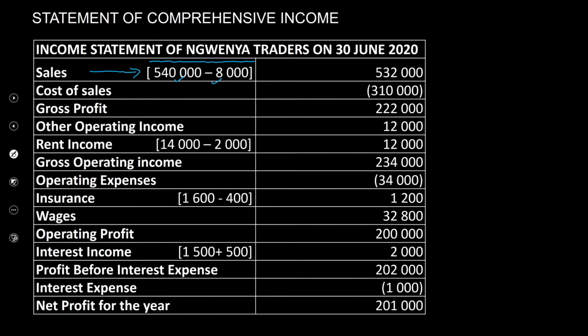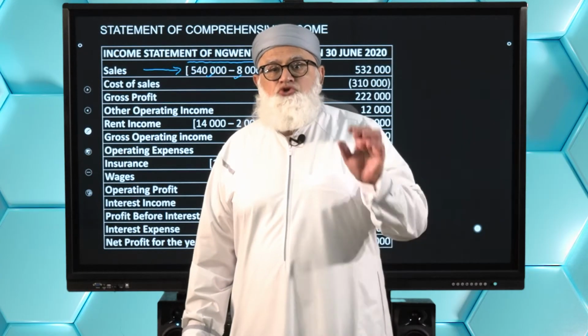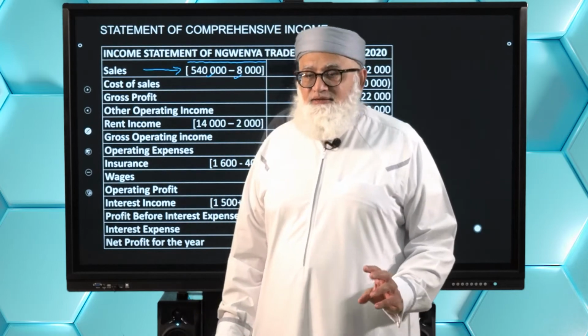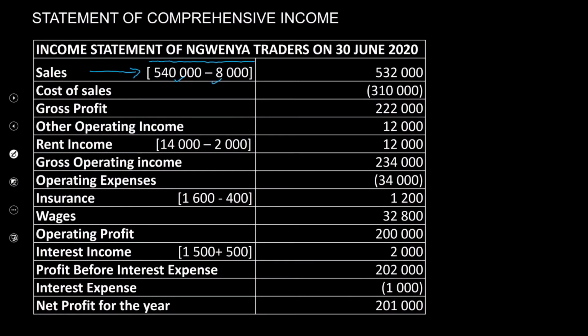So remember, as a golden rule, when you are doing the statement of comprehensive income, make sure that you show all calculations in brackets. Okay, so my sales less my cost of sales, and you notice in accounting that when we are subtracting, we're indicating the figure in a bracket will give me my gross profit.